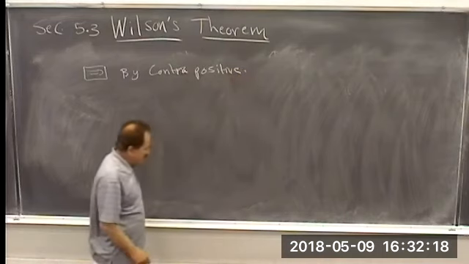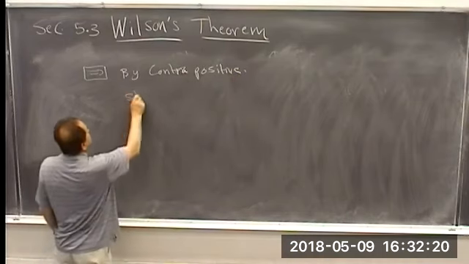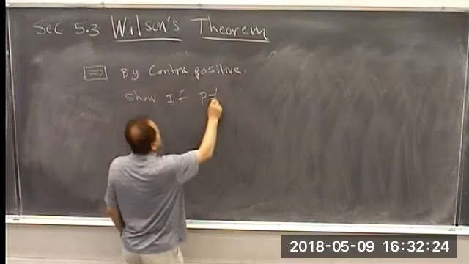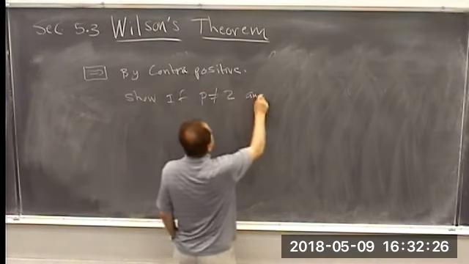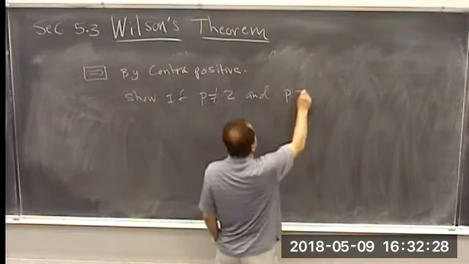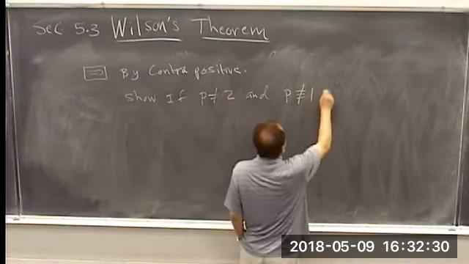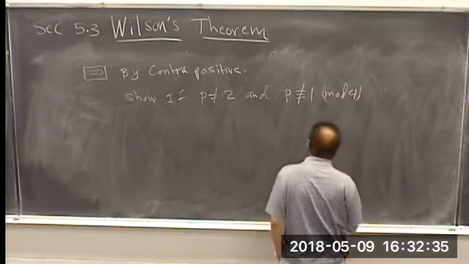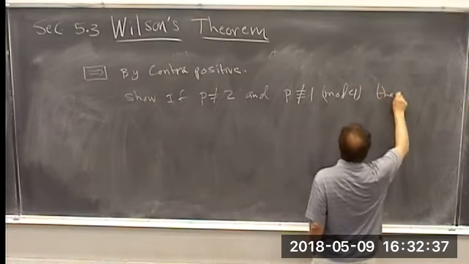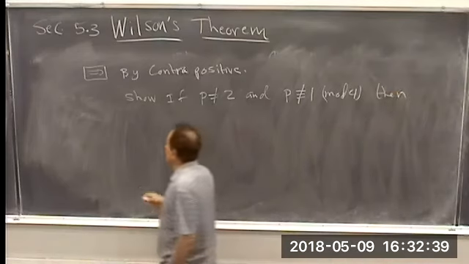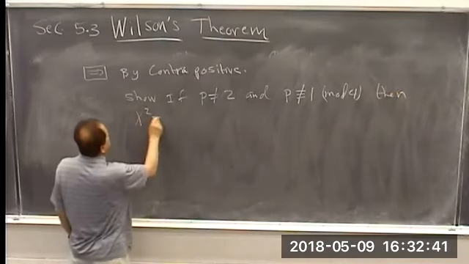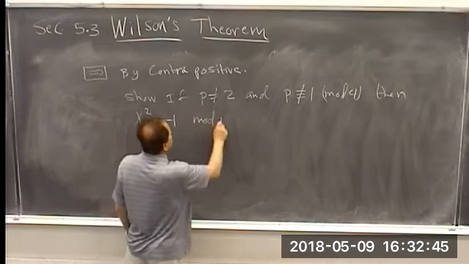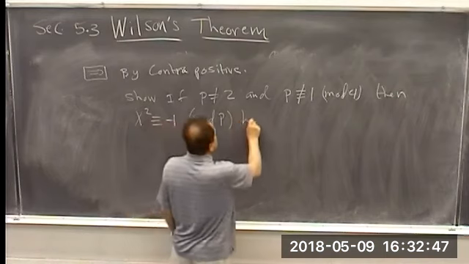So this means we're going to show, if P does not equal 2 and P is not congruent to 1 mod 4, then x squared congruent to -1 mod P has no solution.